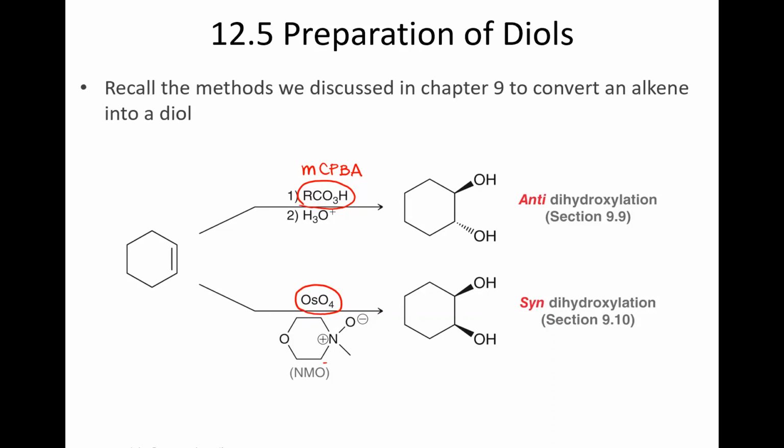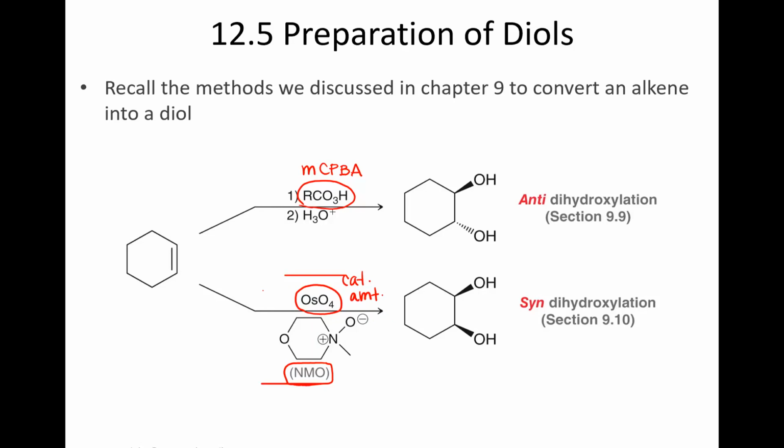Osmium tetroxide is expensive, and so on large scale, it's common to use a co-oxidant such as NMO, N-methylmorpholine N-oxide. And this would reoxidize the osmium byproduct of the reaction back to osmium tetroxide so that you only need a catalytic amount of osmium tetroxide.